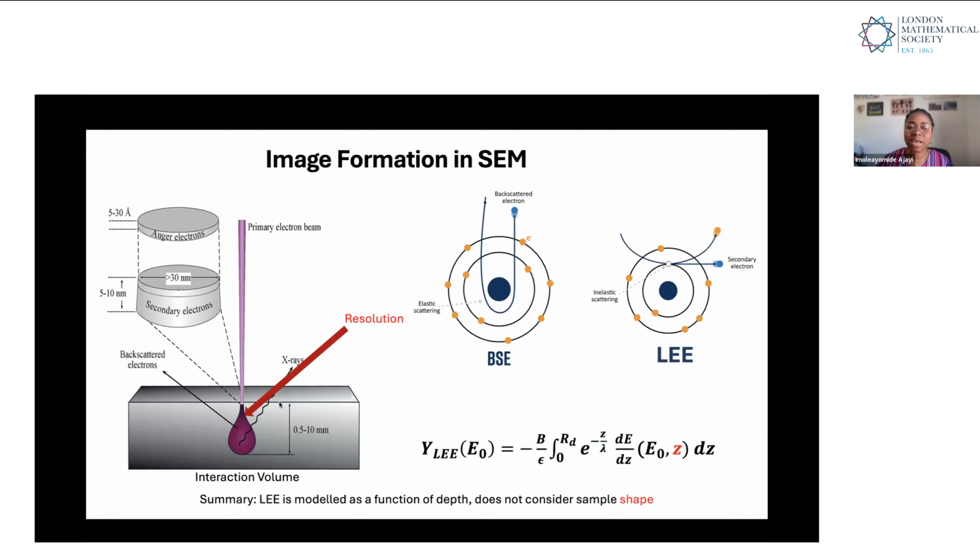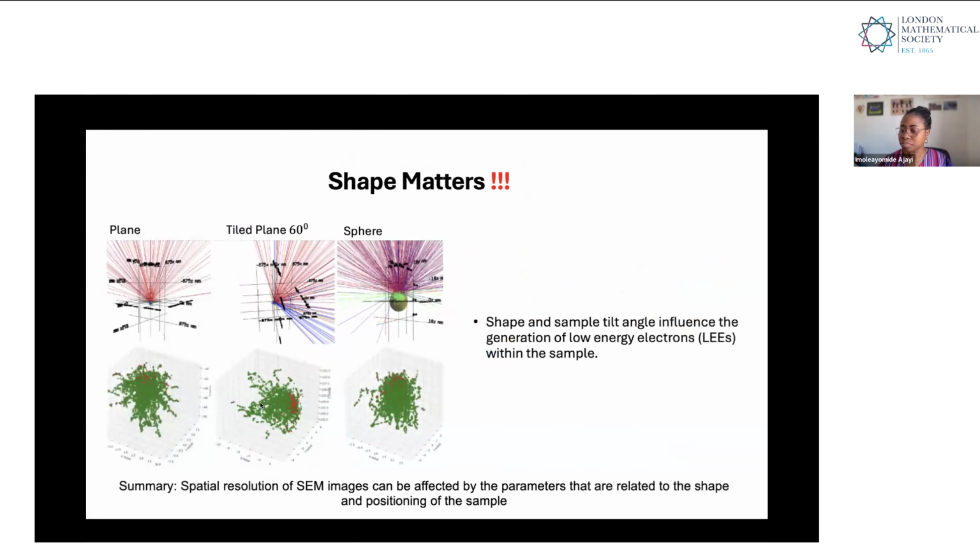When I say depth, I mean as the electrons go down into the sample, that depth of interaction is said to influence the yield of low energy electrons, the electrons that come out. And these electrons are the ones used to form the image that we saw on the previous slides.